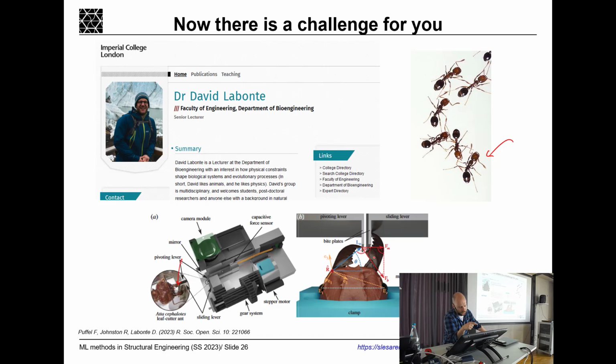His research is on so-called leaf-cutting ants. We don't have them here in Freiburg, but they are more common in hotter regions. The idea is that depending on the leaf density, leaf mass, or leaf structure, the ants can take different bites in order to optimize the cutting process. This is quite amazing research.